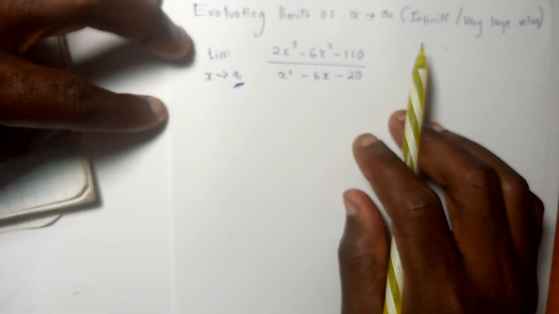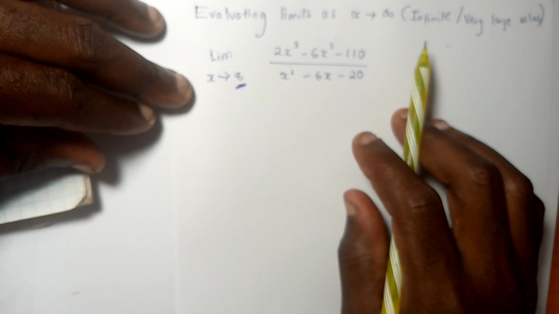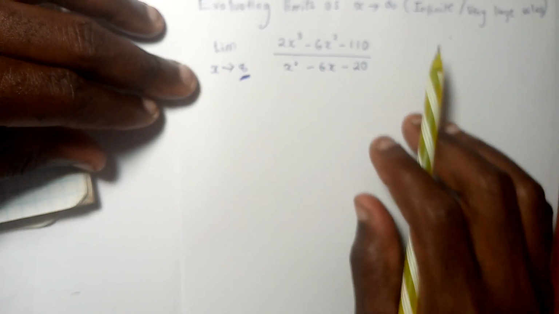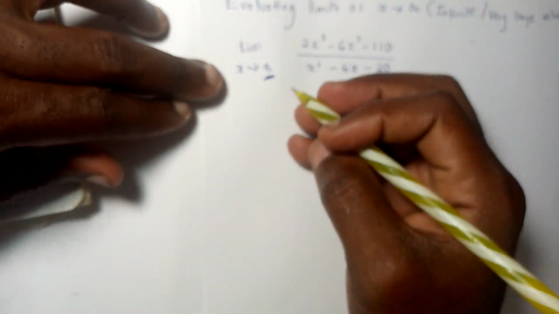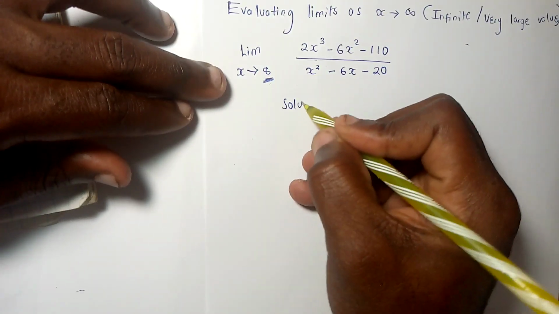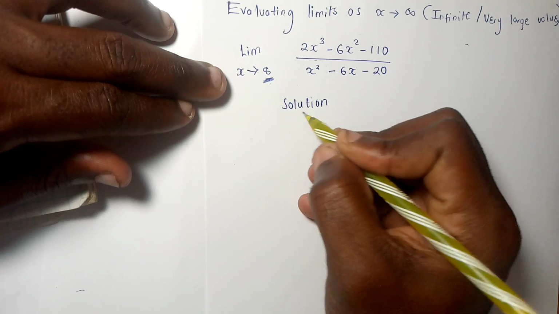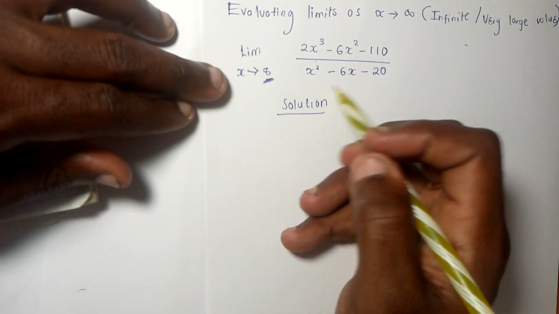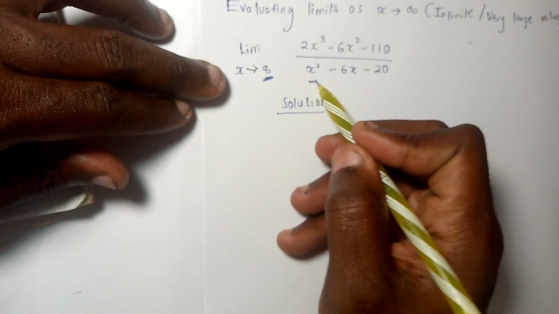So, how to proceed in this situation is going to be this way. We are going to write here a solution. The solution is to divide by the highest power of x in the denominator, which is x squared.